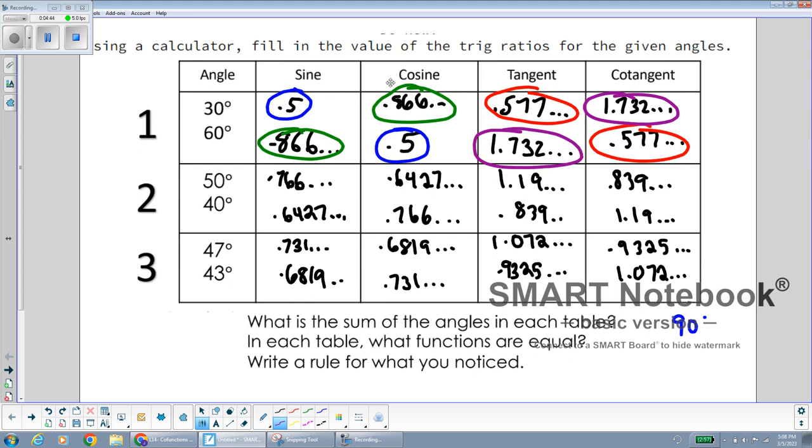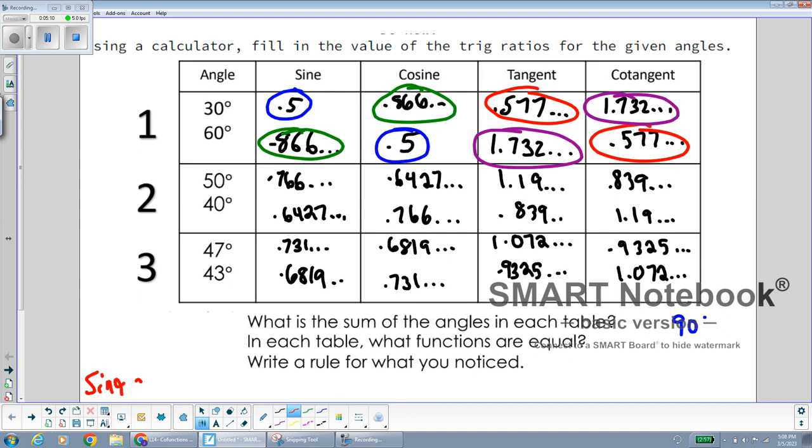Sine of 30 degrees and cosine of 60 degrees were equal. Their angles added to 90 degrees. Tangent of 50 degrees and cotangent of 40 degrees were equal. Their angles added to 90 degrees. Sine of 47 degrees and cosine of 43 degrees were equal when their angles added up to 90 degrees. So I'm going to write that over here.